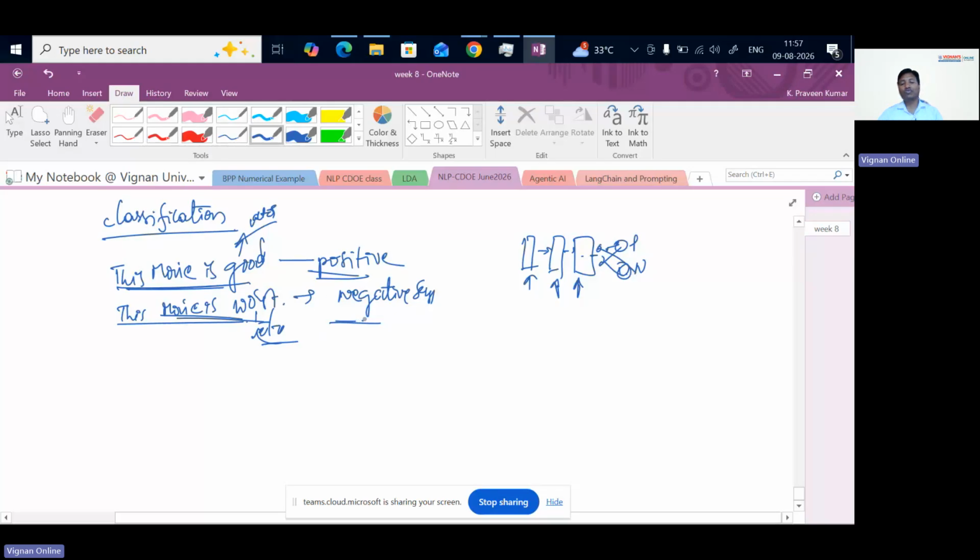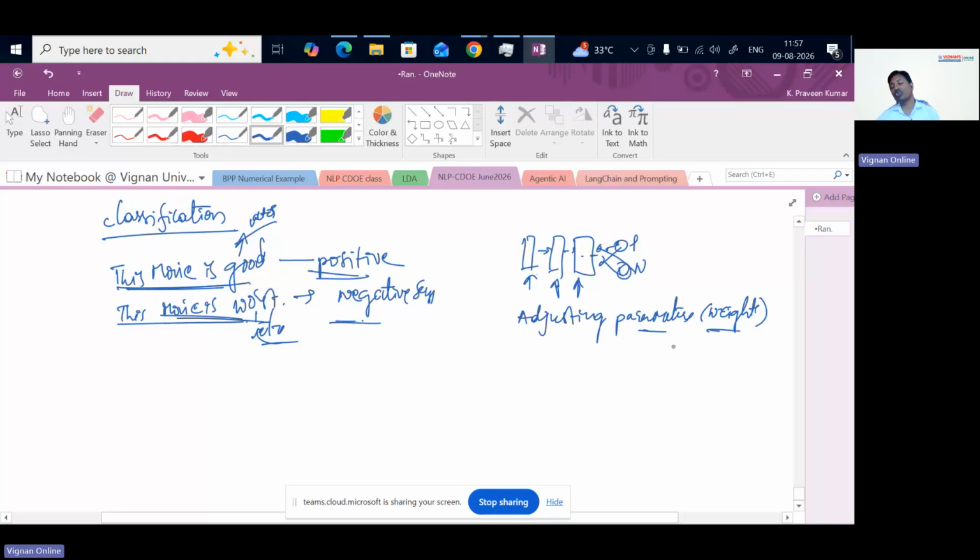Actually, to map this, what it is doing is adjusting its parameters, because the RNN has weights, or parameters.